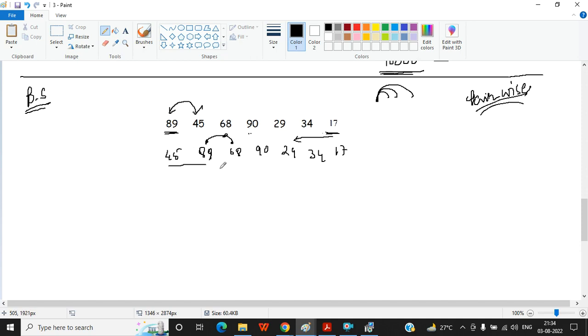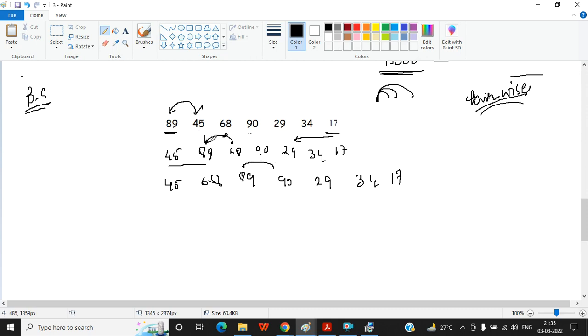So here again there will be a swap. So 45, 68, 68, 89, 89, 90, 29, 34, and 17. Don't leave 89. Compare it with the next one.